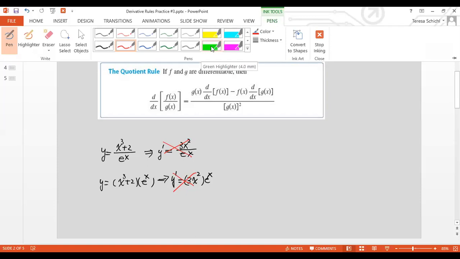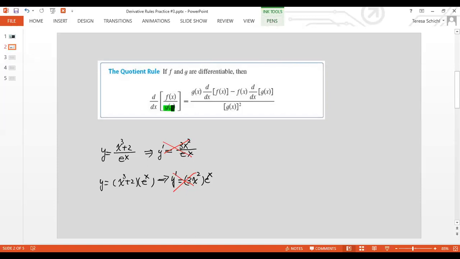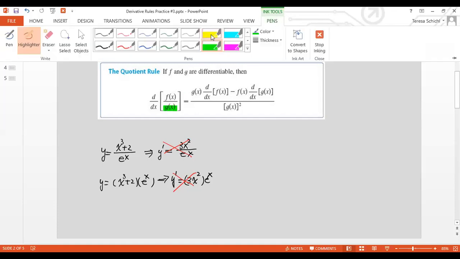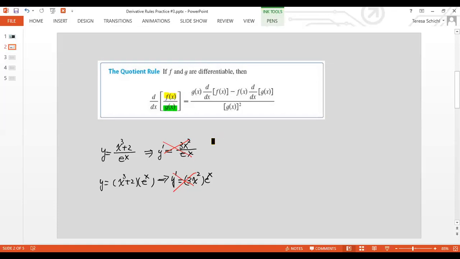Okay, so what is the quotient rule? It's just like we did the product rule. If you highlight it, this is the formula here. First, you square the bottom. Then for the top, first you hold the bottom, not change, then take the derivative of the top.